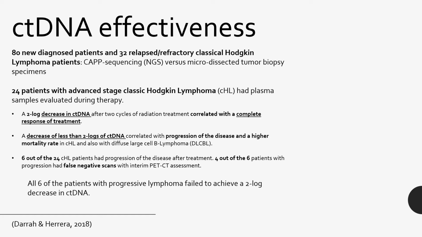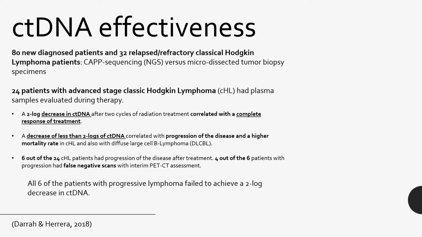6 out of the 24 classic Hodgkin lymphoma patients had progression of the disease after treatment. 4 out of the 6 patients with progression had false negative scans with interim PET-CT assessment. All 6 of the patients with progressive lymphoma failed to achieve a 2-log decrease in circulating tumor DNA.